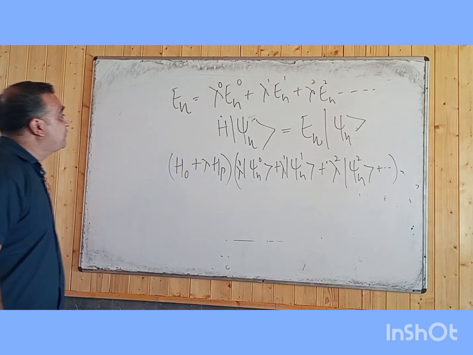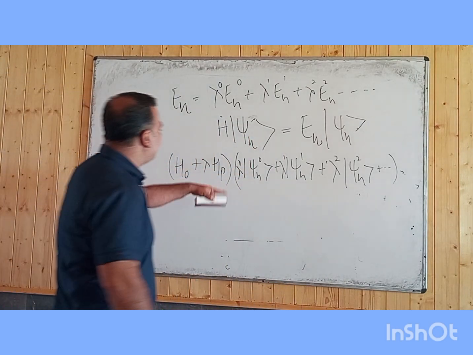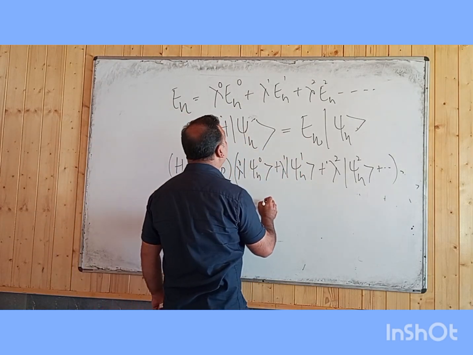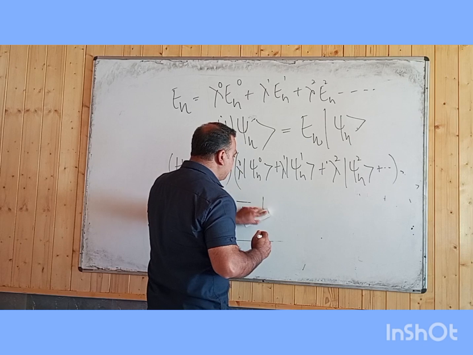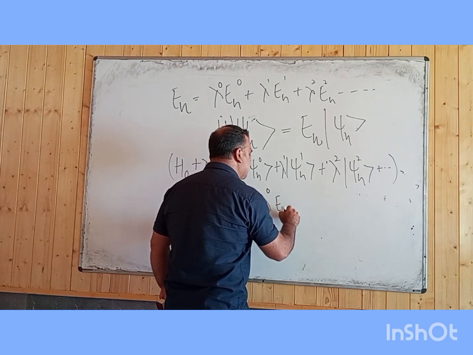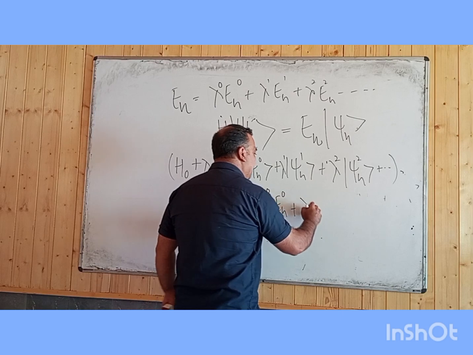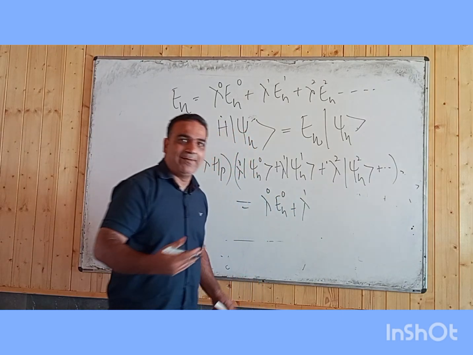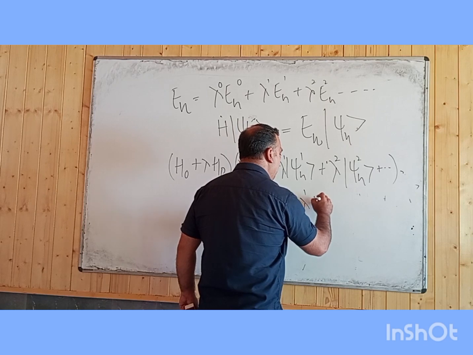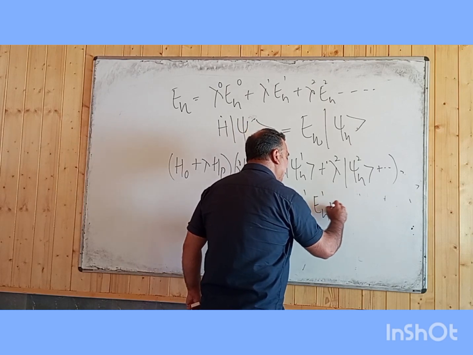Alright, now let's proceed. Now this is equal to what? This is equal to E n. We have defined E n. For E n, I'm going to write lambda raised power 0 E n 0 plus lambda raised power 1 E n 1 plus lambda raised power 2 E n 2. This lambda is not that lambda, it's just a constant, okay?